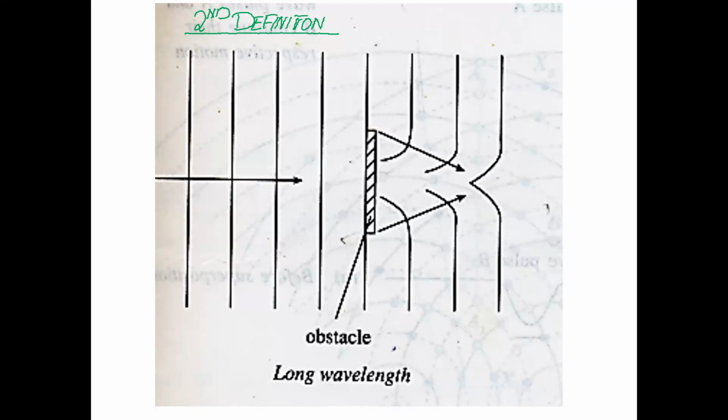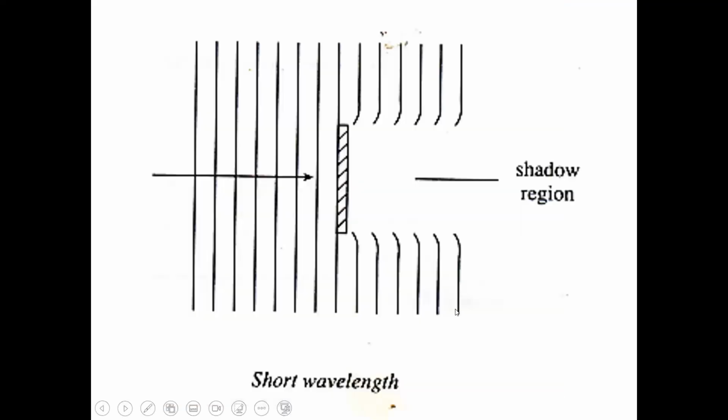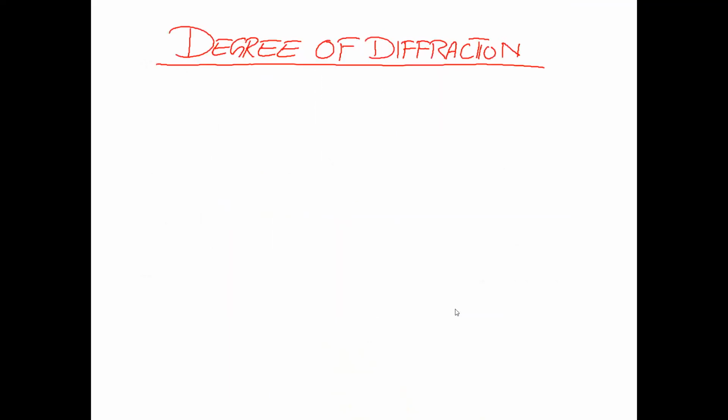Water waves will eventually meet as they move forward, but some waves, like light waves, do not meet after this split over, and this is called a shadow region.